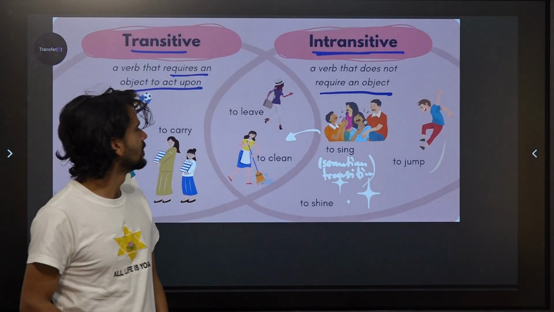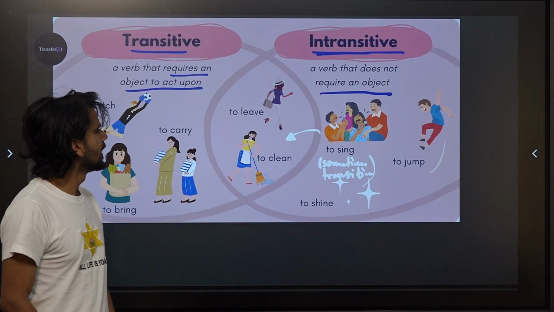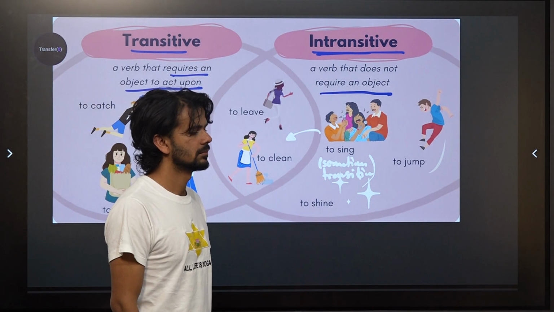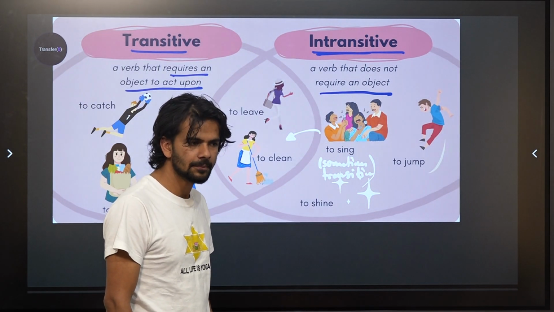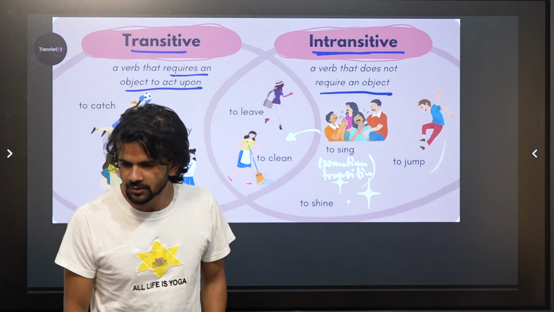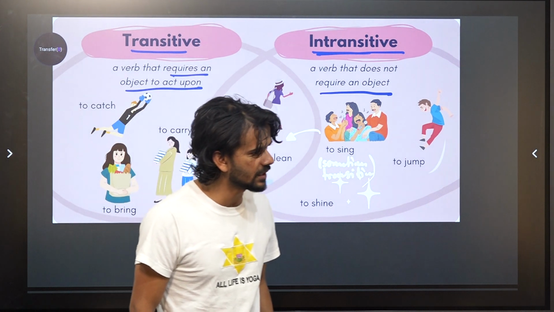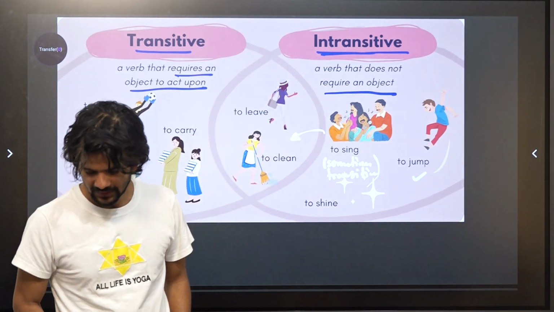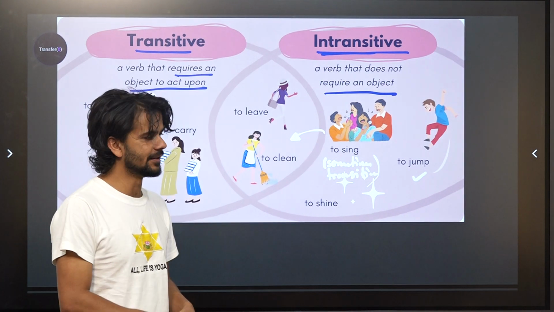And you jump. If I say I jump, what do you jump? Do you need something to jump? No. All you need is your energy and you can jump. So therefore it is intransitive. To shine.